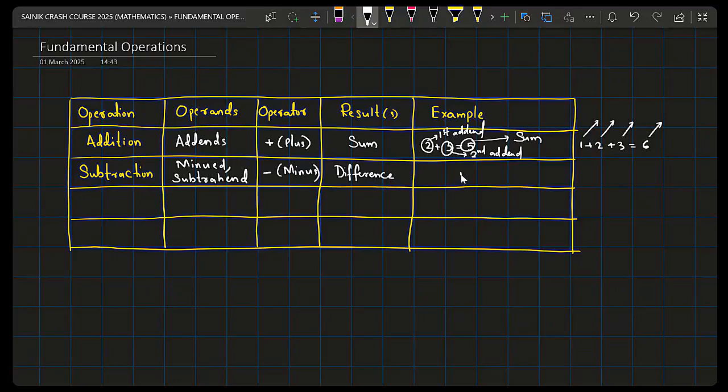Let's take an example. 5 minus 3 is equal to 2. This 5 is called minuend. From which number we are subtracting, that is called minuend, and which number is being subtracted, that is called subtrahend. And this 2, the result of subtraction, is called difference.